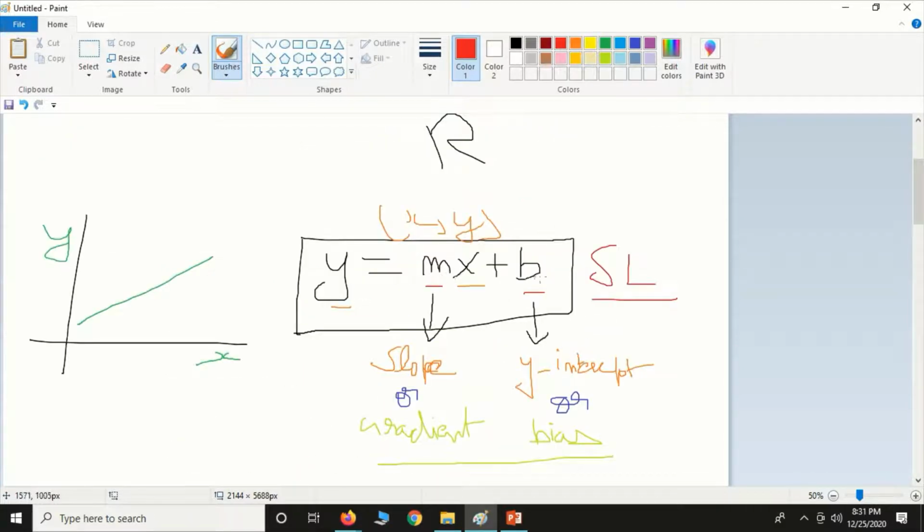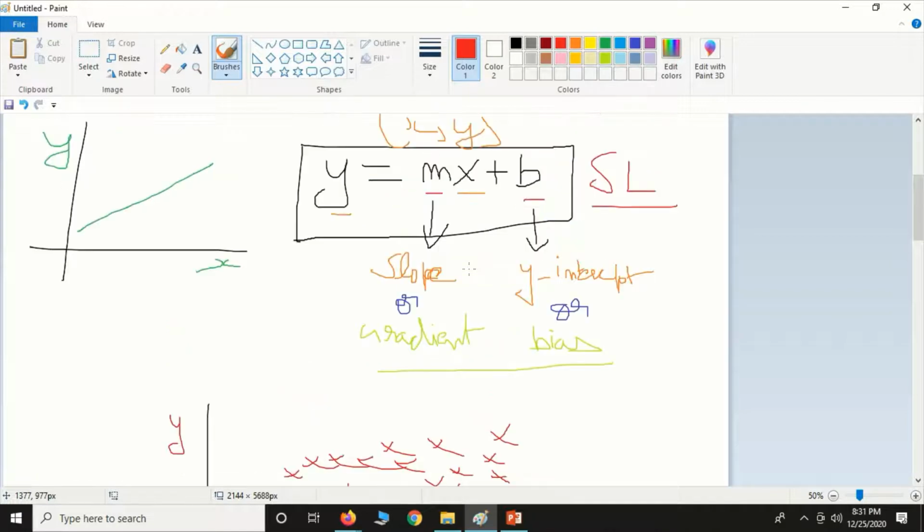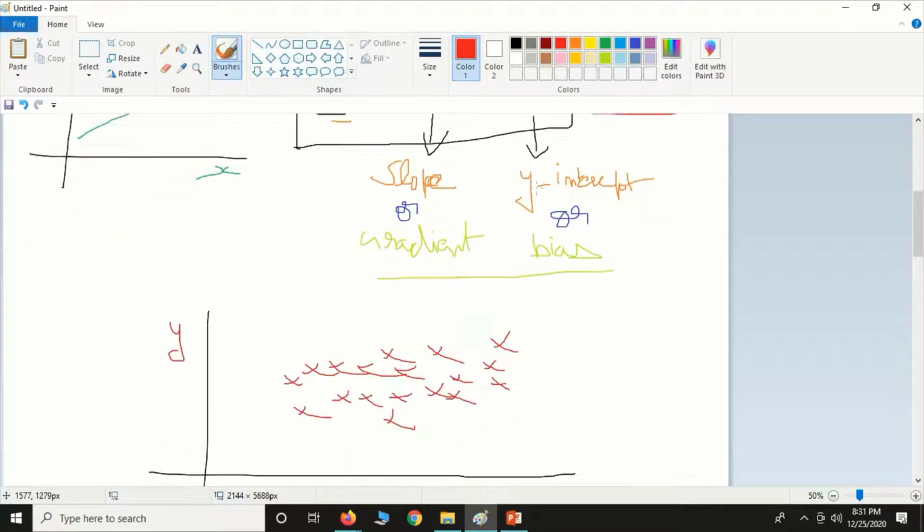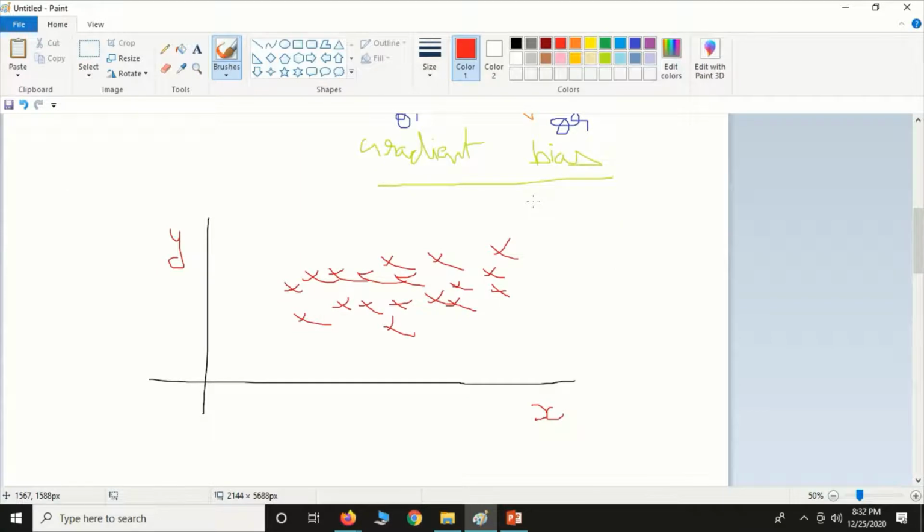Now, after finding the parameters m and b, let's find, for a given value of x, what its prediction is. After finding the parameters, I'll substitute them in the formula and place the straight line inside the data so that it fits most accurately.